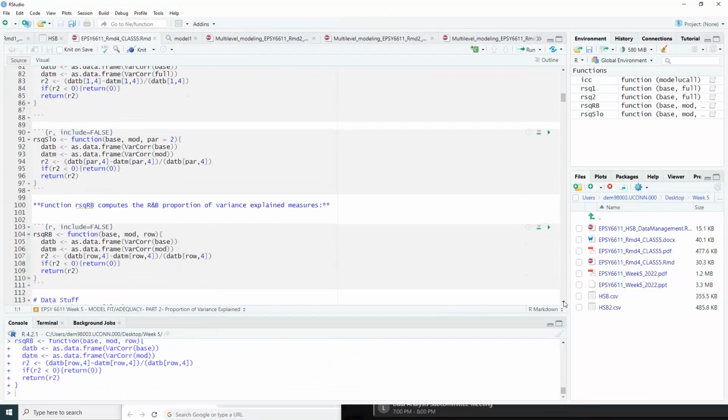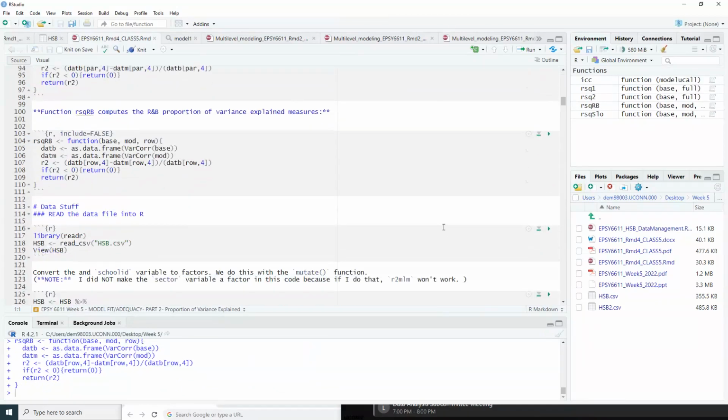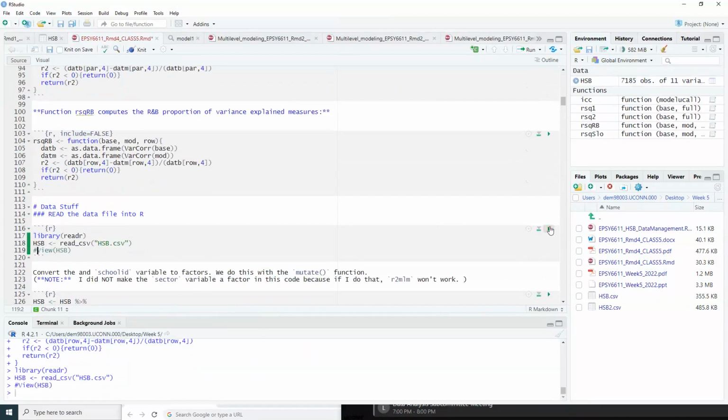So right now I'm just getting set up. Okay, and now I'm going to use that same HSB file that we've been talking about, and I'm going to read it into R. I don't even really want to view it, but you can view it if you want. So I'm going to read HSB in.